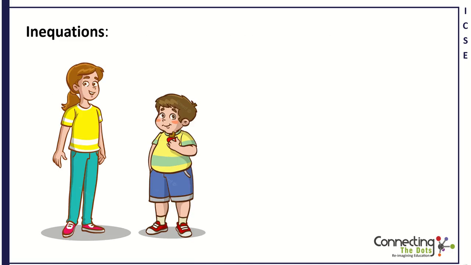This is an example where we say the girl is taller than the boy. The girl is taller. And how can we express it as a mathematical inequation? We can say the girl's height is clearly greater than the boy's height. So this is an inequation as well.